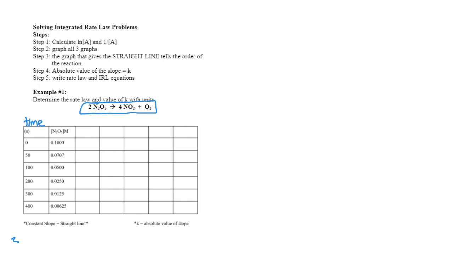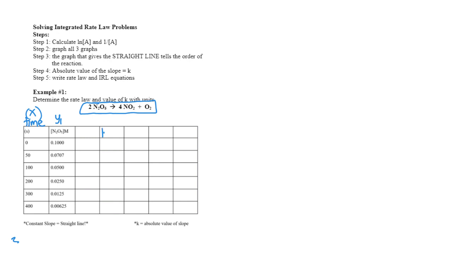And remember, my goal is going to be to analyze 3 different graphs. And so if I'm analyzing 3 different graphs, time is going to be the x-axis for all 3 of my graphs. And then one of my graphs is going to be my concentration. Now, all of these little boxes I gave you are just for us to be able to fill in different things.